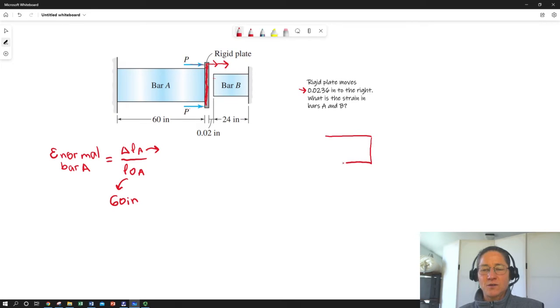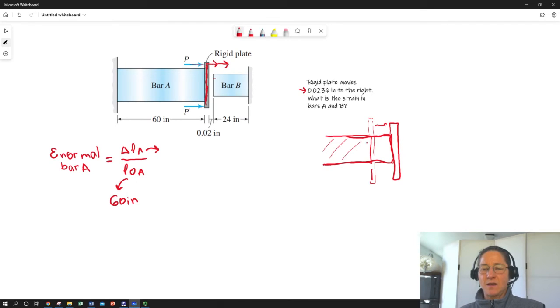So here's our original end position of the bar, and then the bar gets a little bit longer here. This was the original position of the plate. So it goes over, and so the bar assumes a new length.